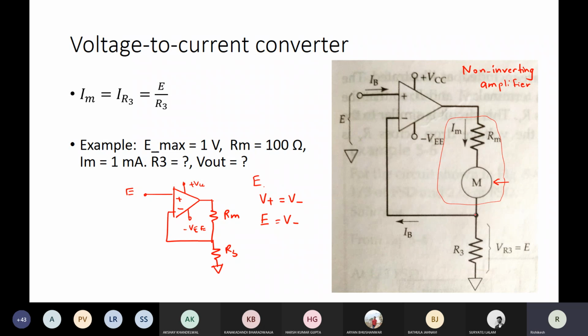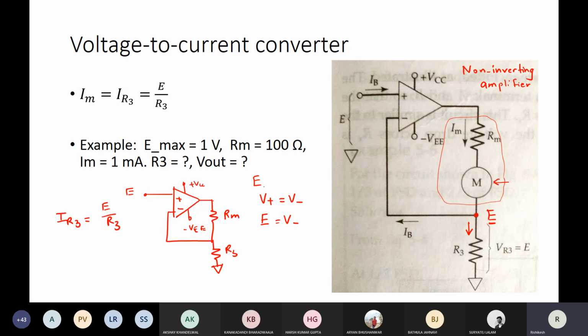So this node is also at potential E with respect to the common terminal. And you see the current flowing through resistance R3 is E by R3, right?